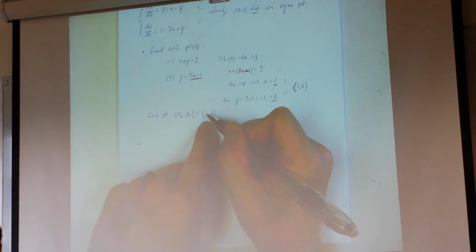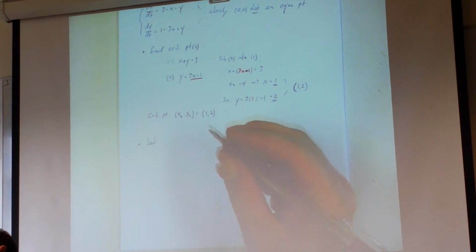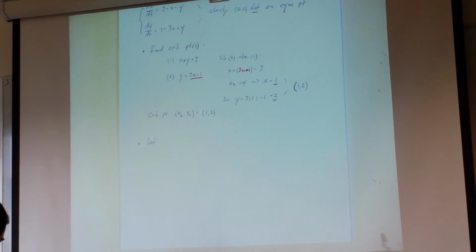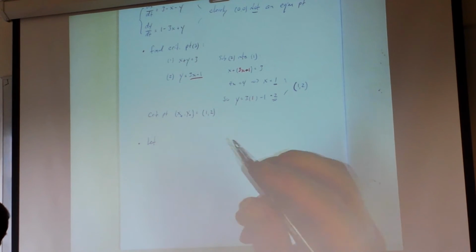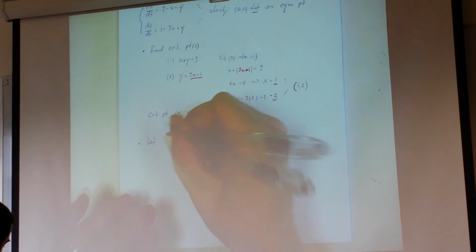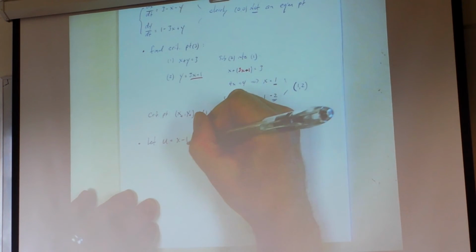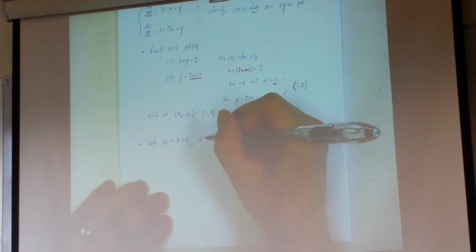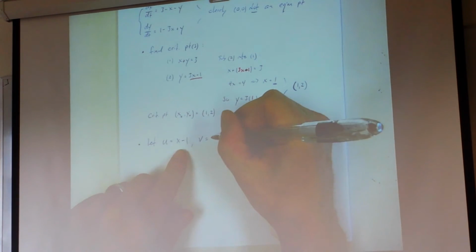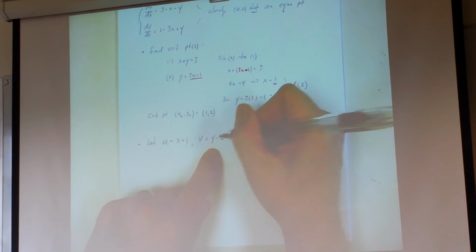So I want to shift it 1 unit to the left, x minus 1. You'll see what this means. I'm going to let u be x minus 1. So of course when x is 1, I get u equals 0. And we're going to let v be y minus 2, so that when y is 2, v is 0.